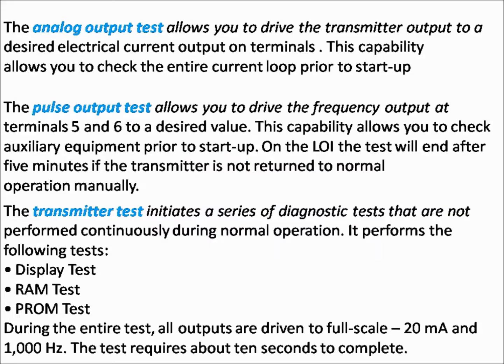It is very simple. By this feature you can test the analog output. If you give 4 milliamps, it should show 0 in the DCS or controller. If you give 20 milliamps, it will show the URV in the DCS. Now pulse output test. Now the transmitter test. In this test it will check the display, RAM, ROM.